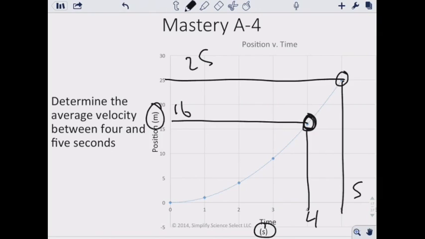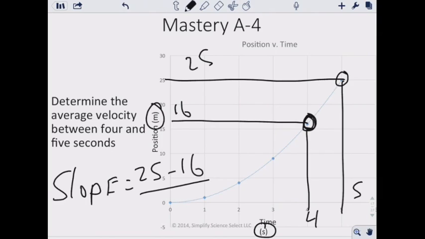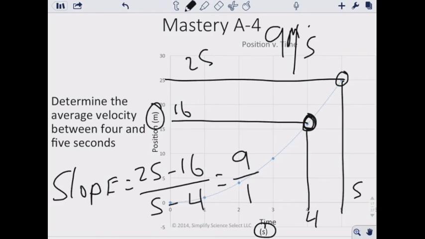So our slope will equal 25 minus 16 all over 5 minus 4. So 25 minus 16 is going to give us 9, and 5 minus 4 is going to give us 1. So what we'll have is 9 meters per second from 4 to 5.